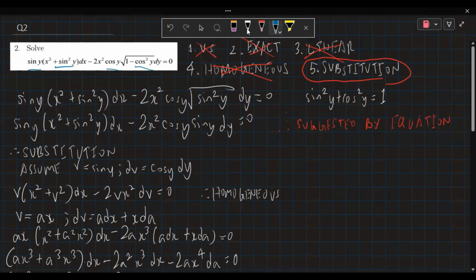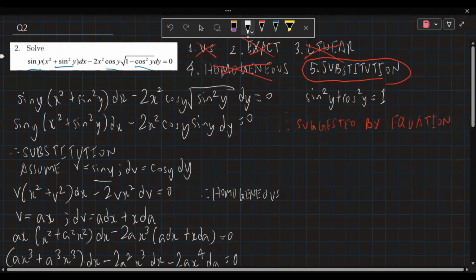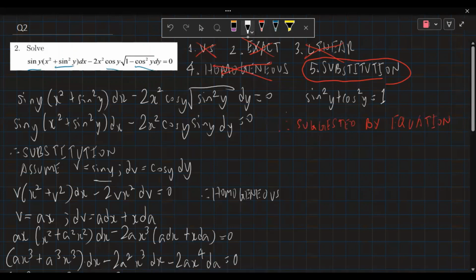In our case, let's choose sine y since it is not under the square root. It would be very tricky if there were still a square root. So we do substitution: v equals sine y.